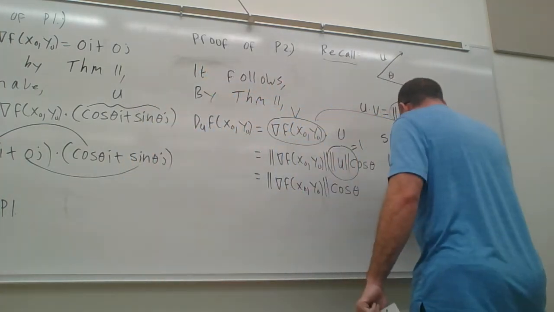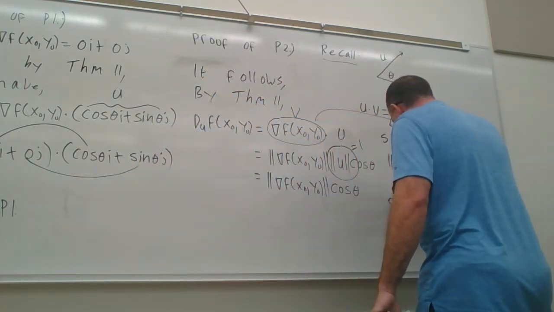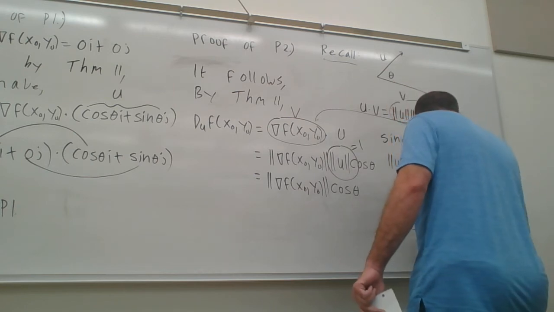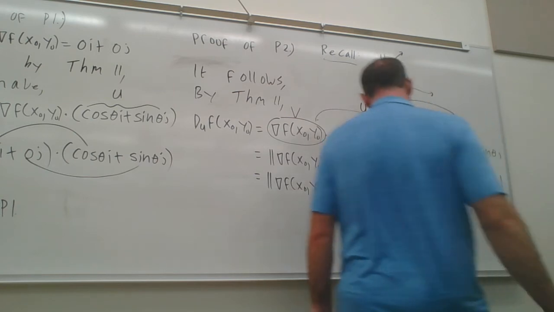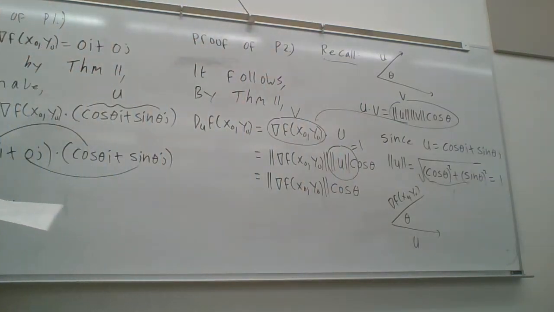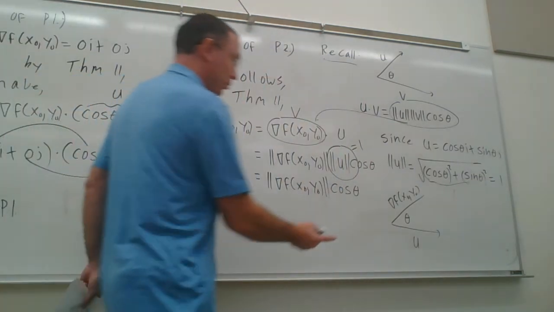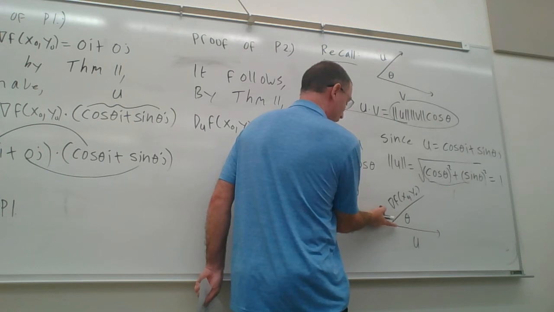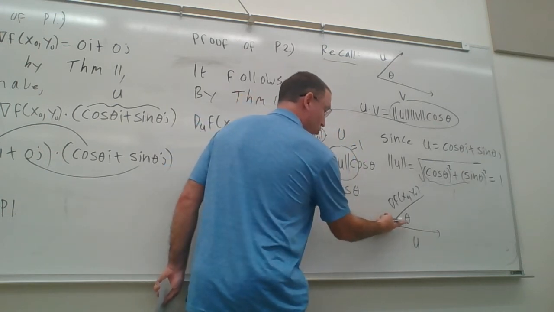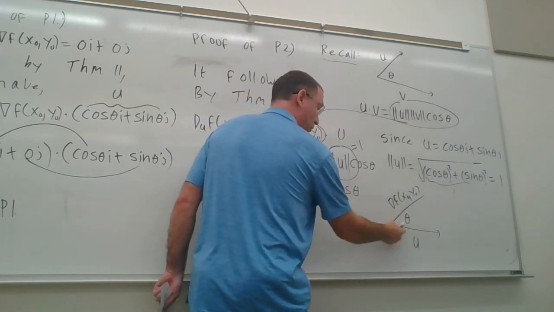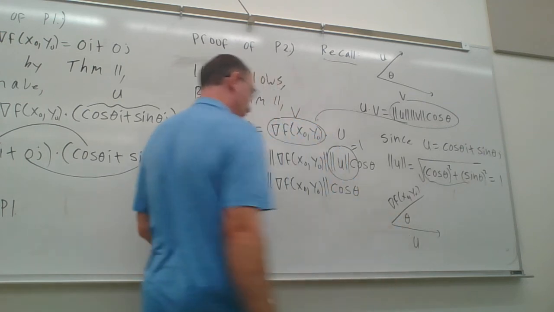Here we have our gradient and our u here, and there's an angle between them. So therefore, what direction would we have to choose u to maximize this? Well, you have to choose u in the direction of the gradient, so pretty much the angle has to be 0 to maximize.